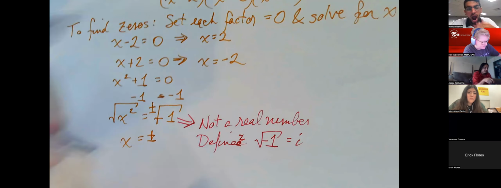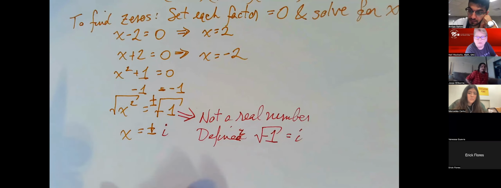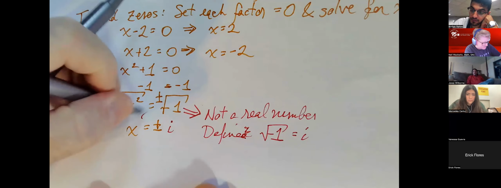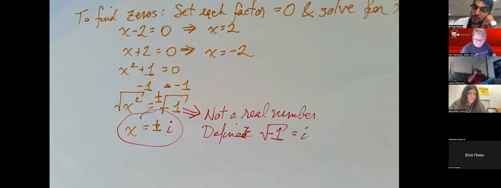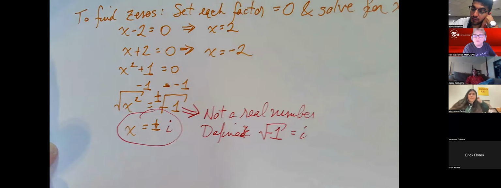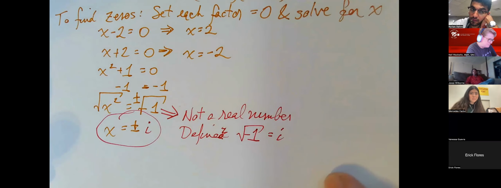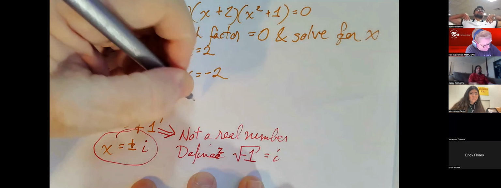So we could write this as x equals plus or minus i. But since this is not a number on our graph, we're not going to worry about it. We'll just set that aside in our minds, because if you're taking pre-calc, you'll see that later. Not later in algebra.